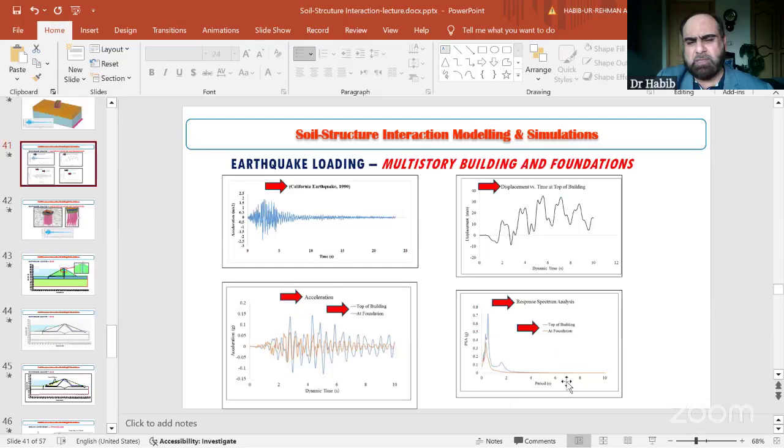In this one, we can see, of course, from the response spectrum point of view, the period of loading definitely plays a great role, because if it coincides with the structure, we can have, for example, very large displacements and vice versa.